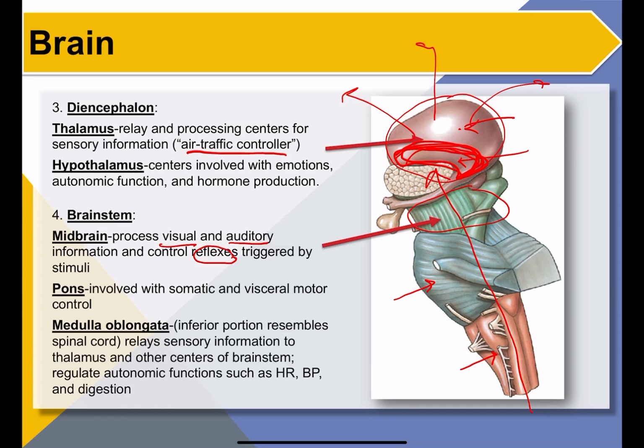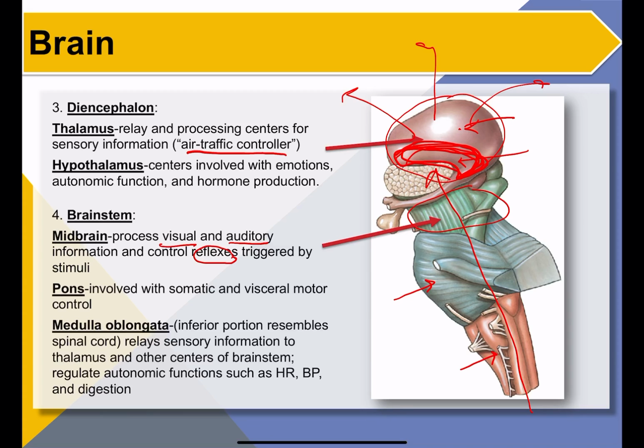So somatic information is dealing with skeletal muscles, start with the same letter, S and S. Somatic is for skeletal muscle movements, and visceral is more for, remember we learned about visceral versus parietal serous membrane. With the visceral membrane, we talked about how visceral means organs, dealing with abdominal internal organs. So that's what visceral here also means. It's something to do with those digestive organs, abdominal organs, internal organs within the body, whether it is in the thoracic or the abdominal cavity.